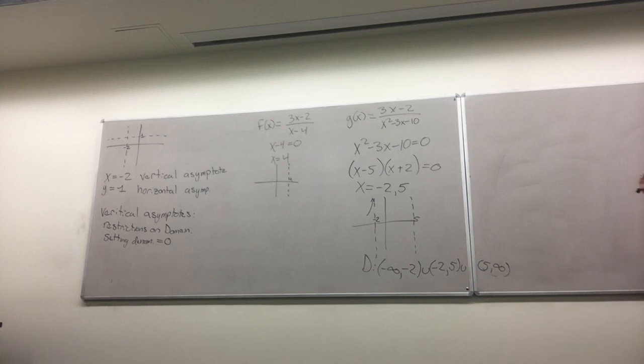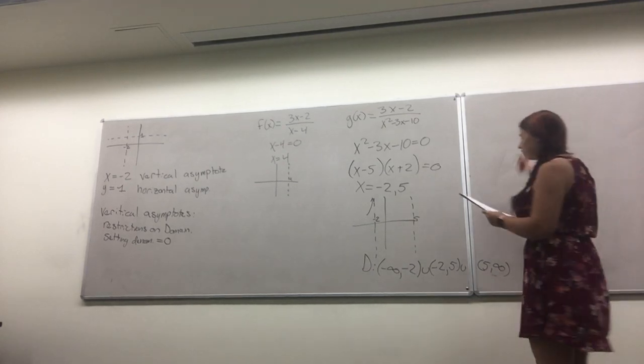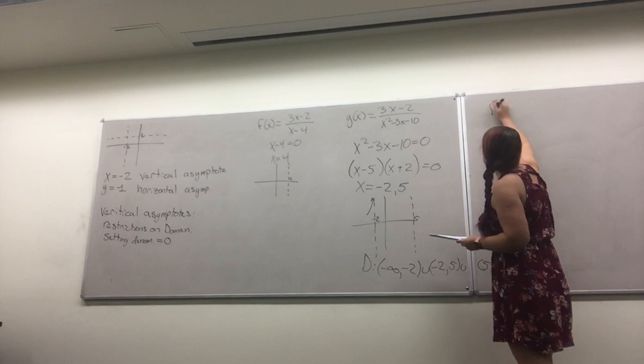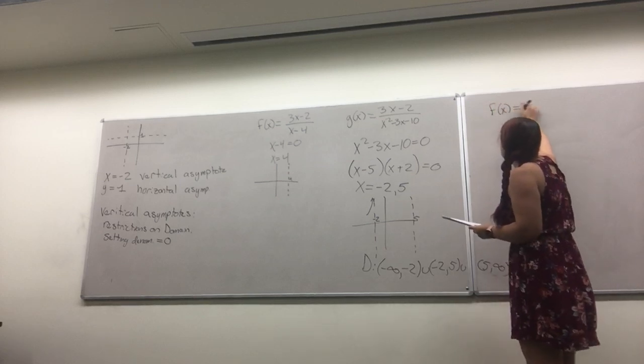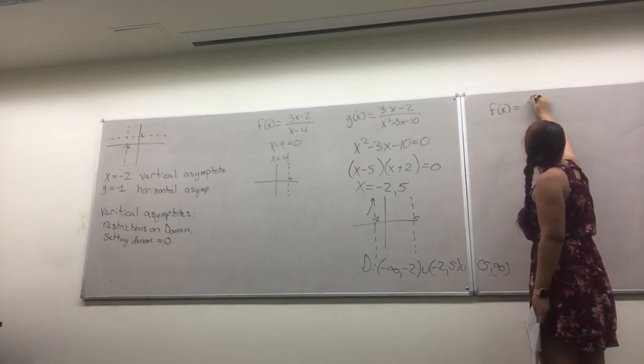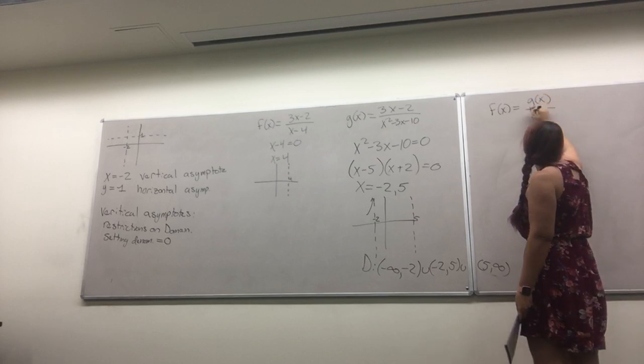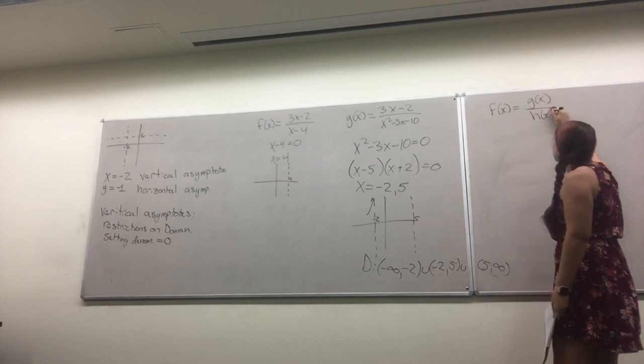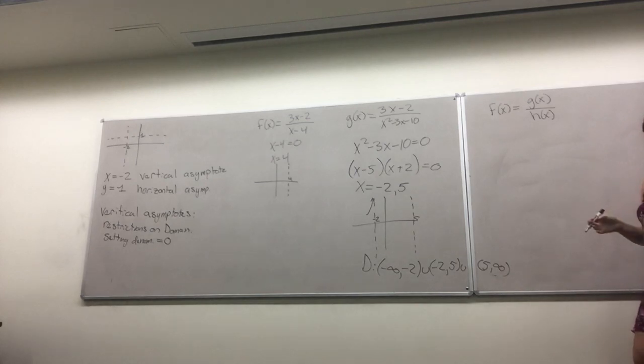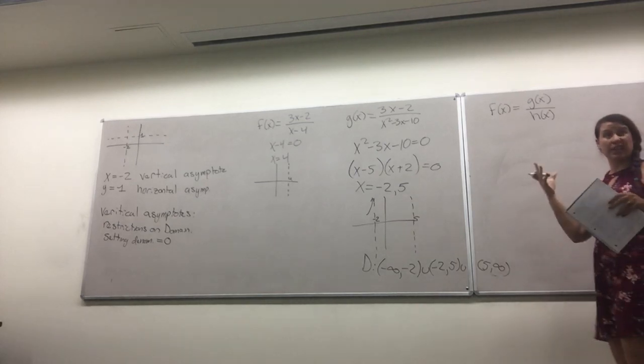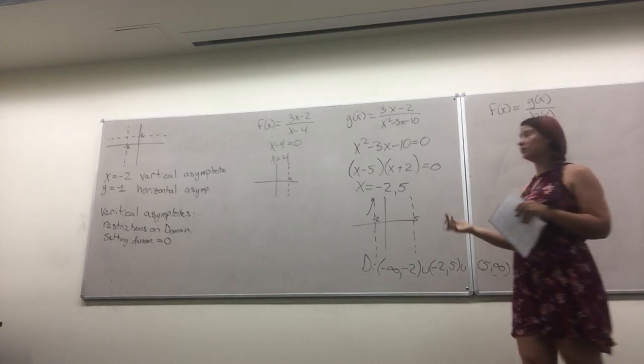Now, how do we find horizontal asymptotes, right? So what we're saying here is if we have f of x is equal to g of x over h of x, okay? So we're going to assign them a degree because it depends on the degrees.